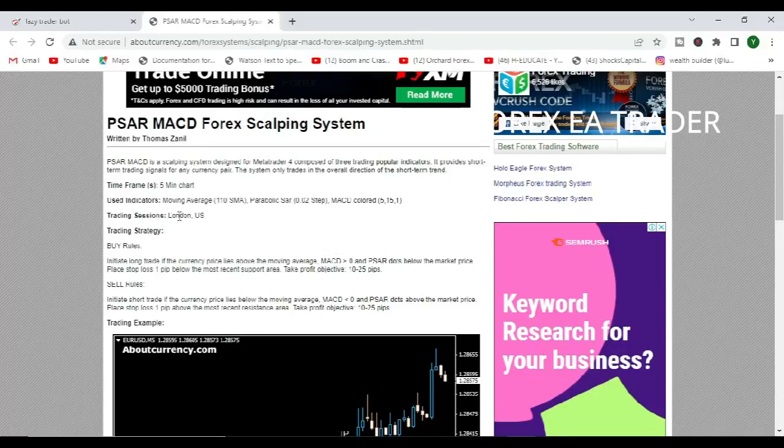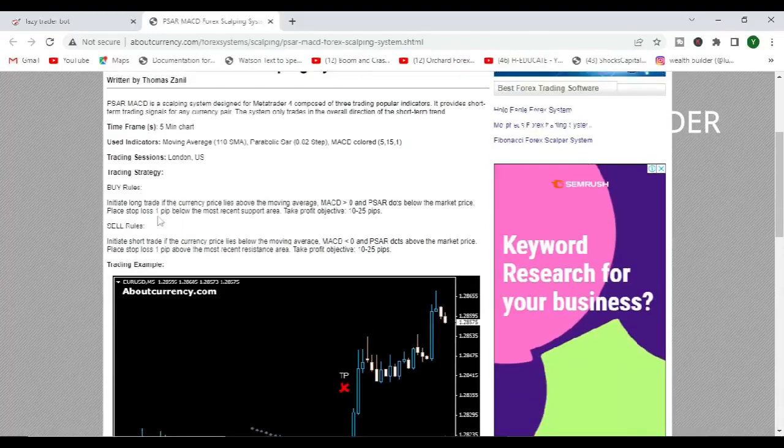It is used mainly to trade London and US trading sessions. So the rules basically: MACD must cross the zero line. The SAR dots must be below the market price, obviously, and stop loss is 1 pip below the most recent support area.